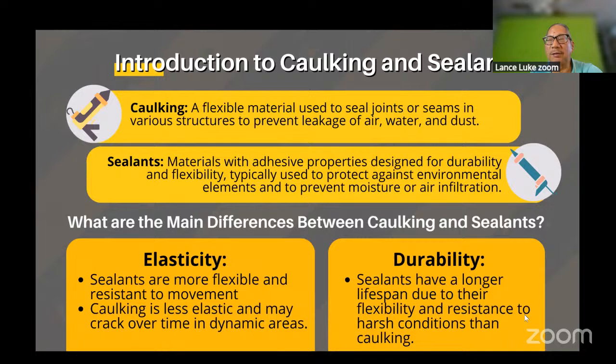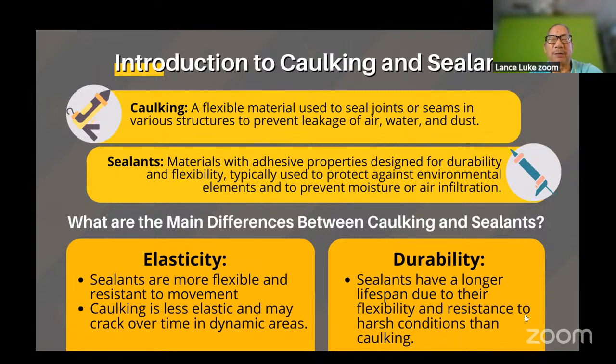For instance, when painting the exterior of a building or your house, you have caulking in between your joints, your window frame to your siding, or your trim to your siding. And over time, it gets kind of worn out.